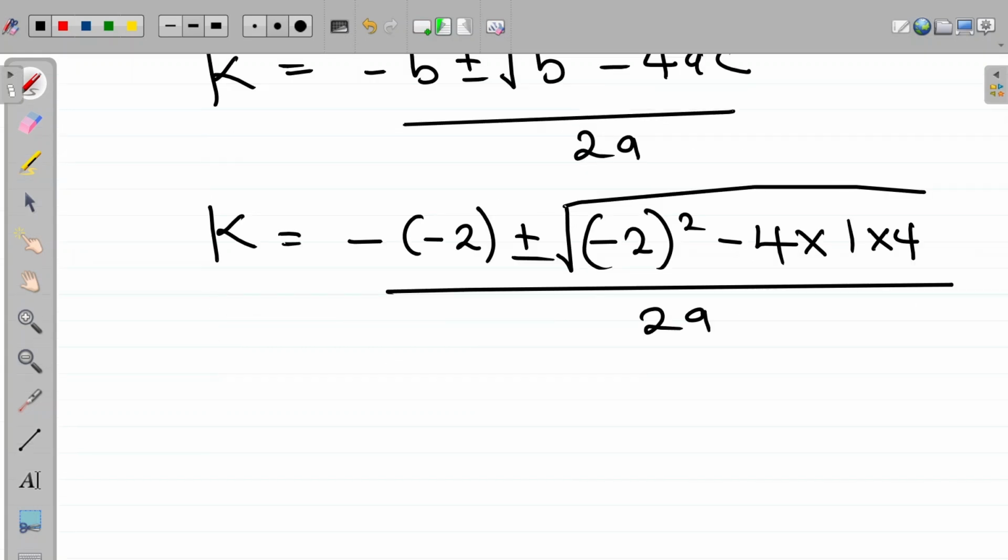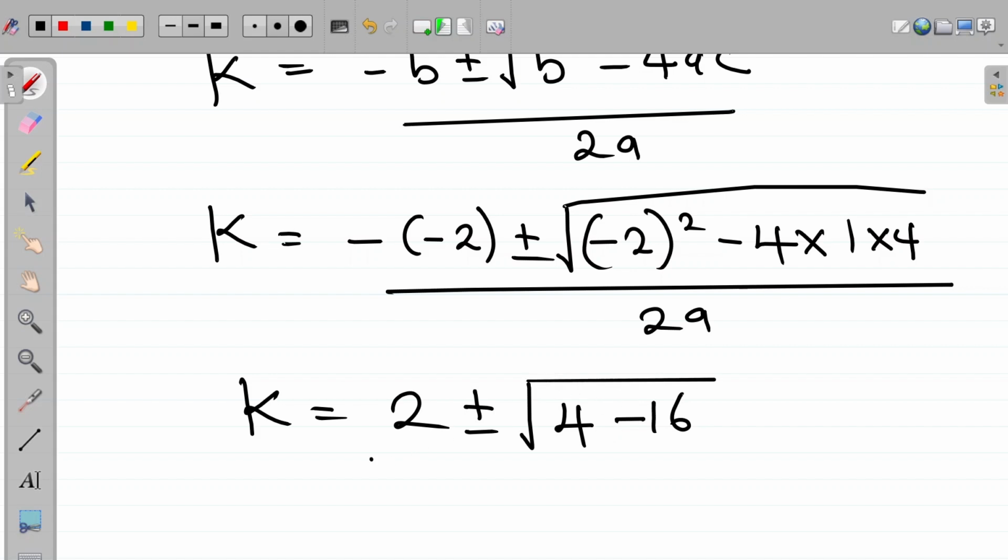Now let's simplify further. So we have that k is equal to minus times minus is plus, so we have 2 plus or minus root of minus 2 squared is 4. Minus 4 times 1 is minus 4. Minus 4 times 4 is minus 16. Divided by 2 times 1.